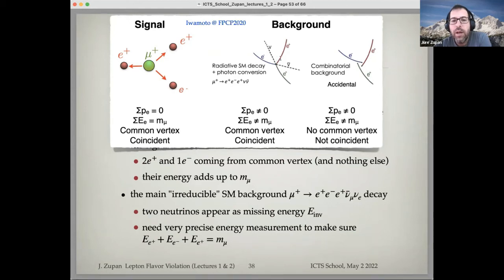For instance, we have the Standard Model process, which is exactly the same, but you also spit out two neutrinos, nu and nu bar.